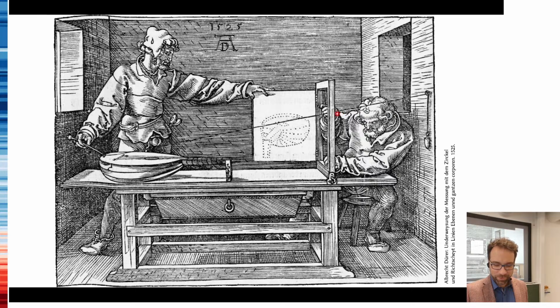And this person is holding a pen at the very position where the thread is crossing the frame. Then they're probably releasing the thread, closing the lid, and the guy is making a point or a mark on this lid. And then they repeat.